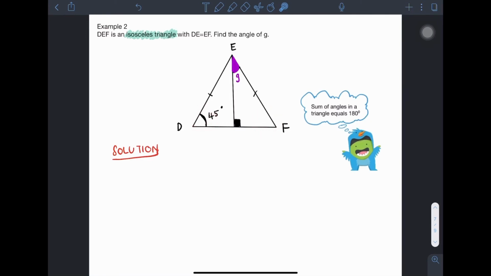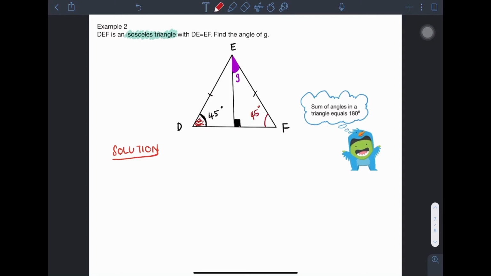If here is 45, it means here is 45 as well. And then they tell you that the length of DE is equal to the length of EF. Find the angle of G. If this angle here is 45, it means the angle here is 45 as well, right?